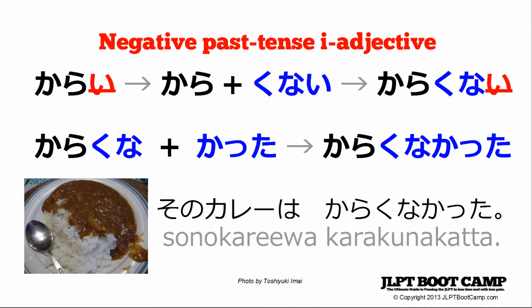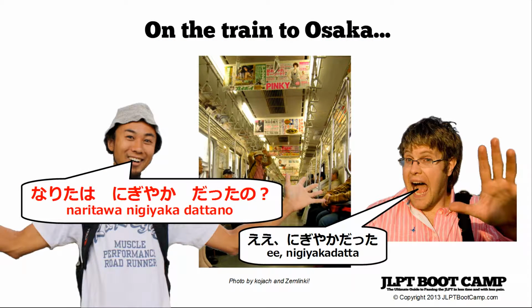And continuing on with the conversation, your Japanese friend asks you, Narita wa nigiyaka datta no? Narita is the big airport in Tokyo, of course. Nigiyaka is lively or a busy kind of place.